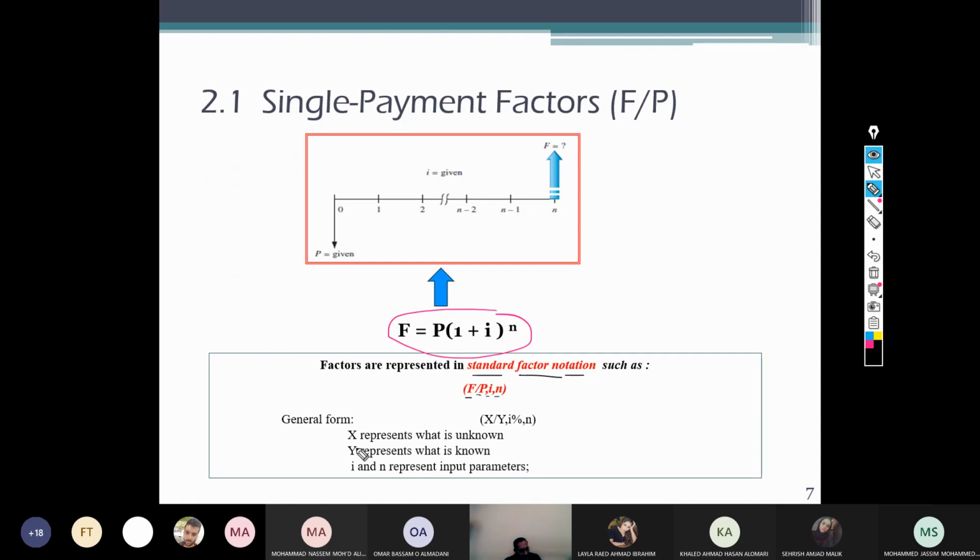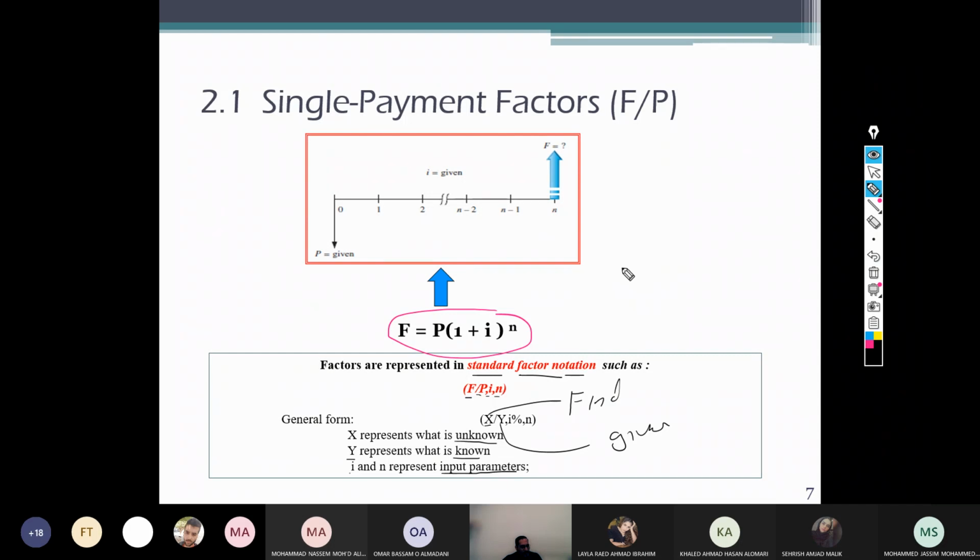What does this stand for? The F represents what is unknown, so this is called find. The P represents what is known, given. I and N represent the input parameters from the problem.